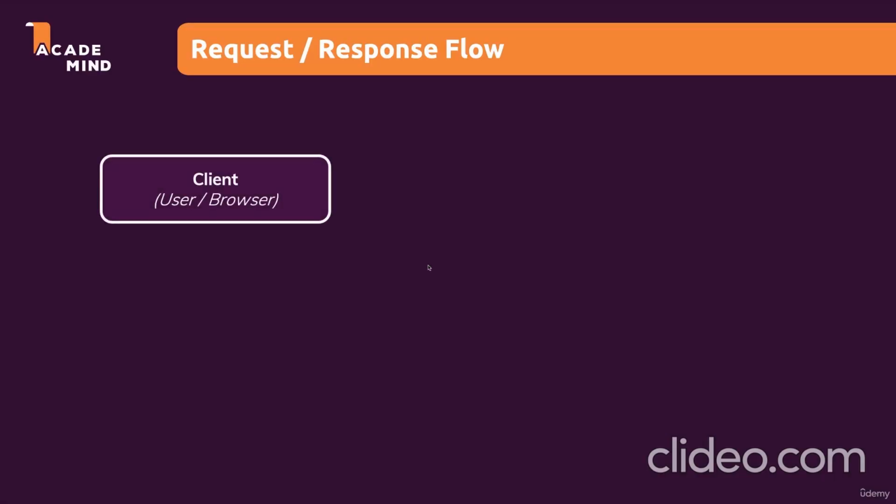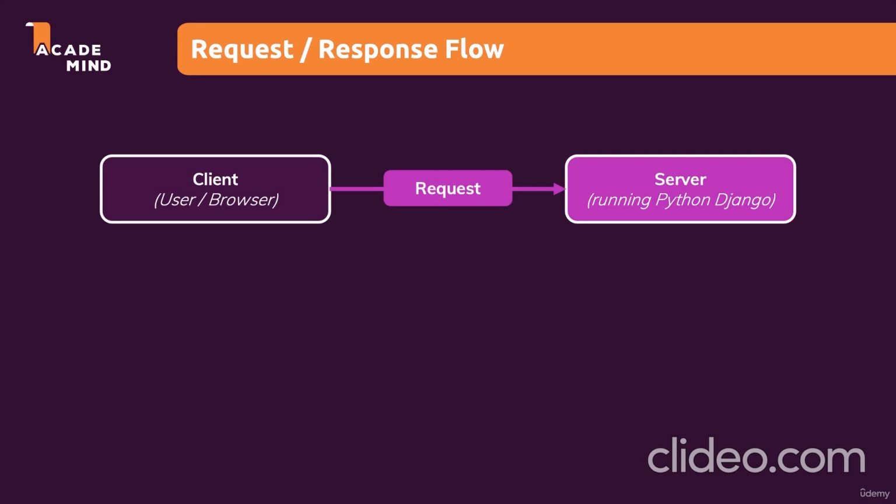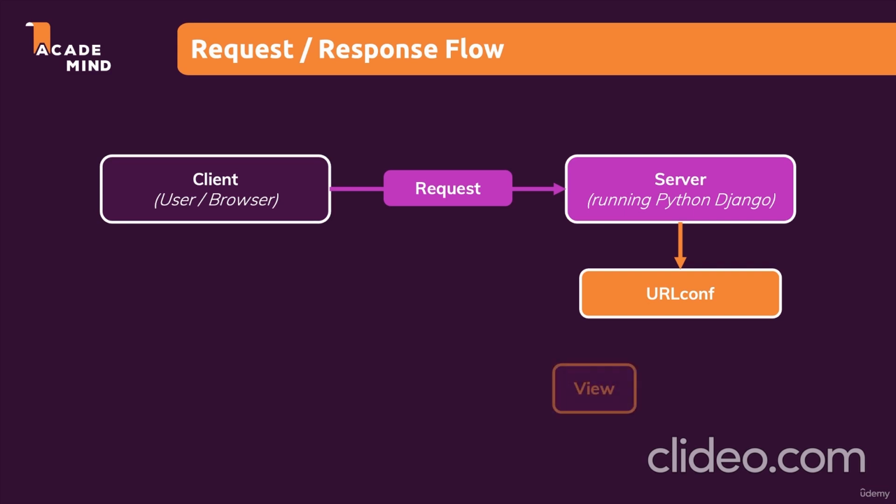When a client, so you using the browser, sends a request to a server running Python Django, then on that server, Python checks the URL config, or typically multiple URL configs, one for the project and one for the app, which it's then forwarded to. Then you might have multiple view functions. We only have one here, but often you will have more than one, and we're going to add more than one soon.